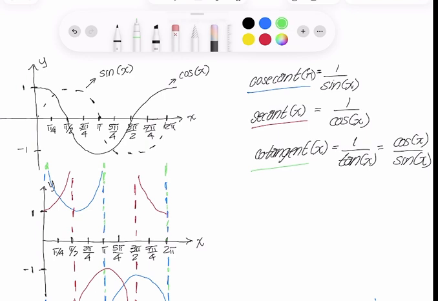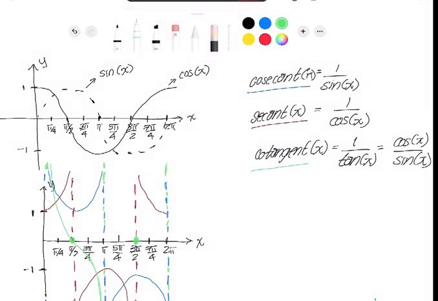From 0 to pi halves, sine is positive and cosine is positive, so it's going to go from infinity down to 0, because at pi halves, cosine is 0. So the two spots where it will be 0 will be at pi halves and 3 pi halves. Then from pi halves to pi, cosine is negative, but sine is positive, so this is going to go to negative infinity as such.